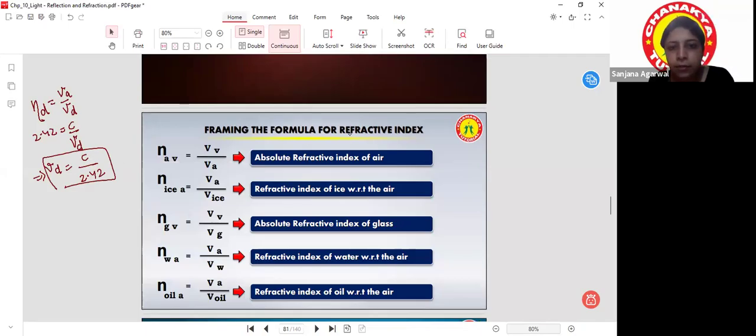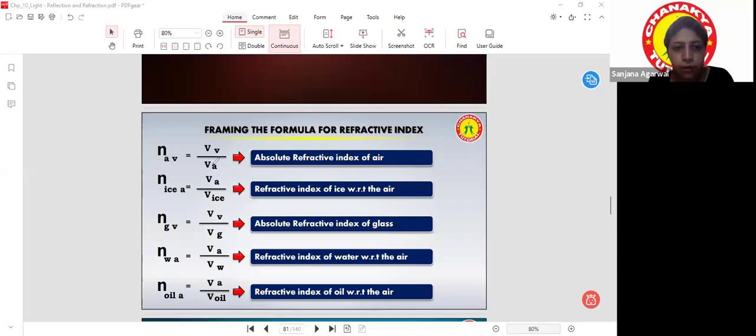Next come a few formulas for refractive index. Let us assume that the speed of light in vacuum to the speed of light in any other medium gives us the refractive index of the second medium with respect to the first medium.